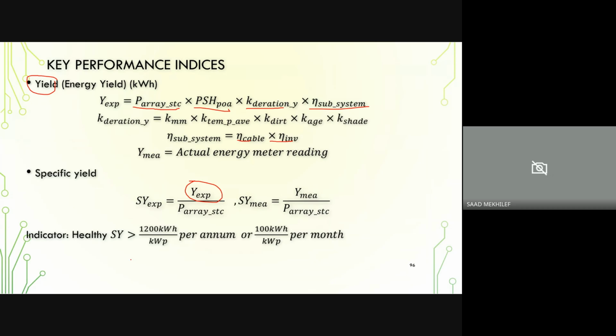If it's lower than this, the system is not healthy. This is an indicator.